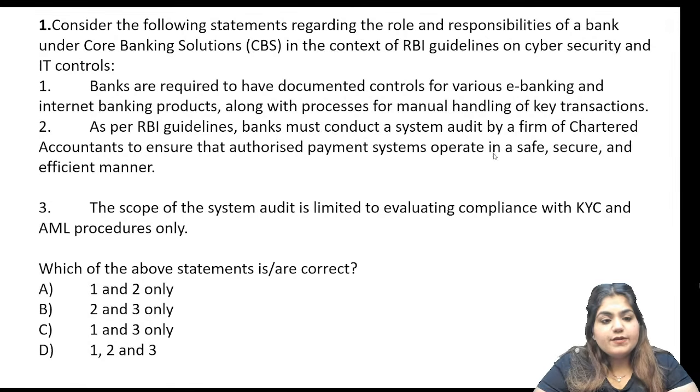Yes. Statement number 2. As per RBI guidelines, banks must conduct a system audit by a firm of chartered accountants to ensure that authorized payment system operates in safe, secure and efficient manner. Yes. The scope of the system audit is limited to evaluating compliance with KYC and AML procedure only.